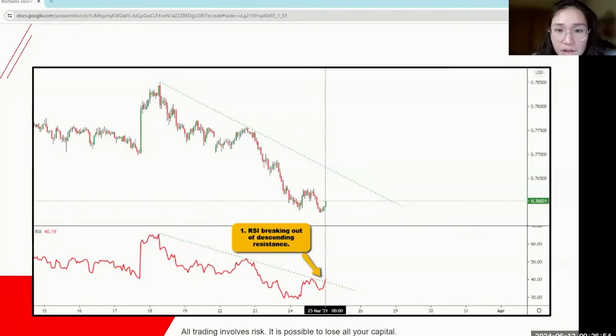What's the best time frame to use divergence? So, actually for divergence, we normally would use a mid-range kind of time frame, so like your 1 hour, 4 hours, or even your daily time frame, just so that there's more time for you to see how the price plays out.